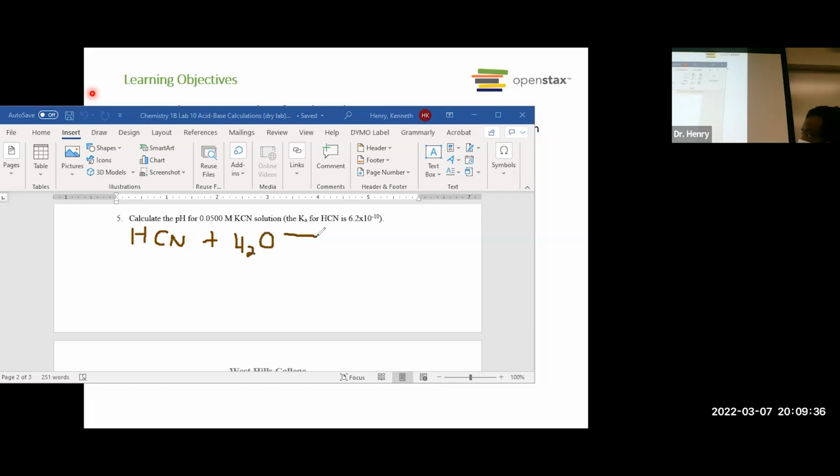And that's going to yield CN minus and H3O plus. Okay, so aq, aq.